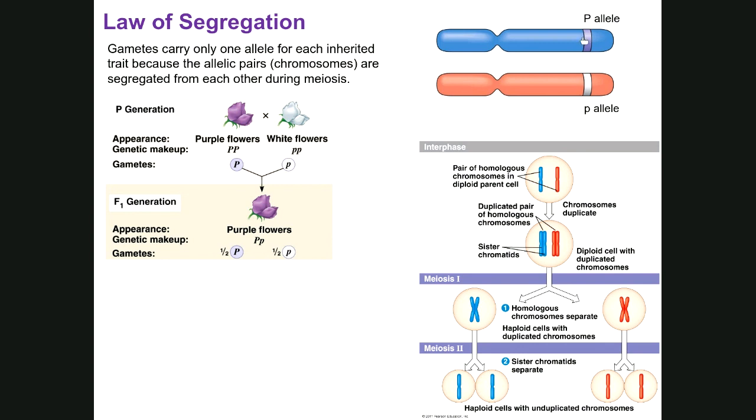Well, imagine if they're carrying these alleles. We've just segregated the pair of alleles. Now the dominant allele is over here in a separate nucleus, and the recessive allele is in a separate nucleus over here. This is what this law is trying to say. So just take a look at those, and like I said, watch the videos too, please.